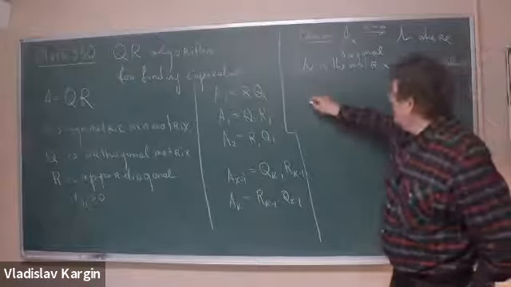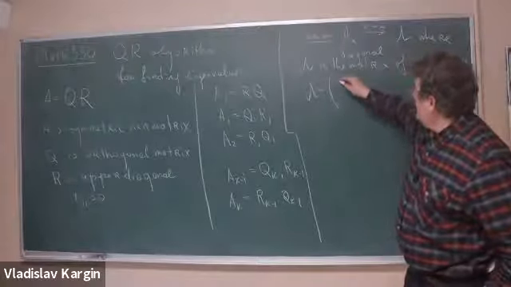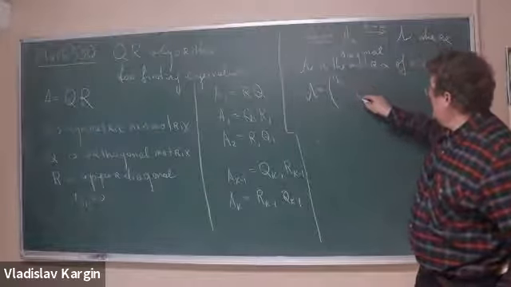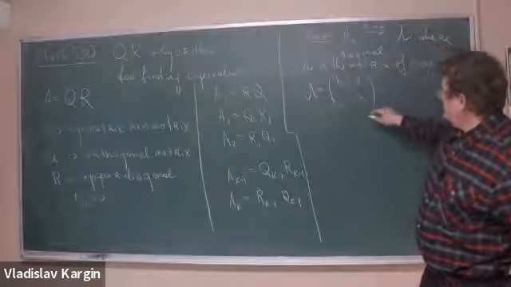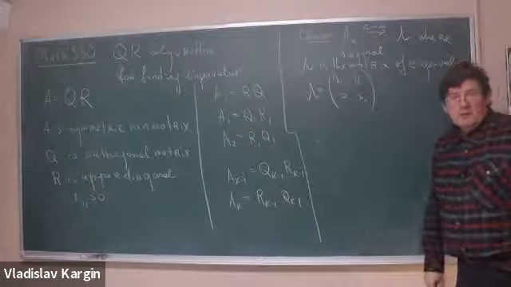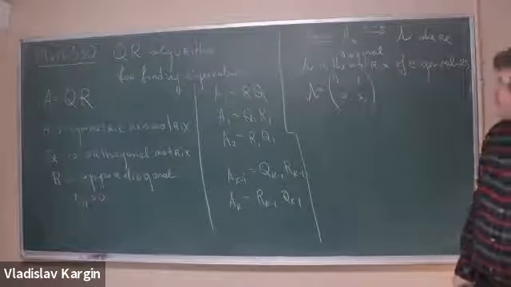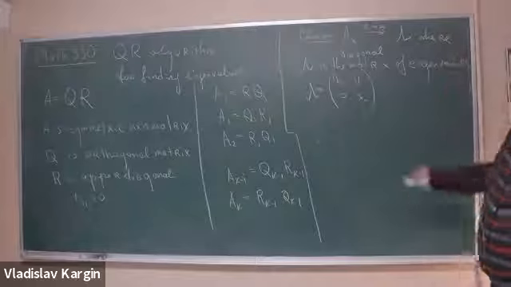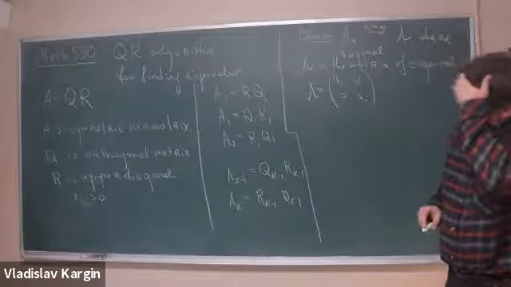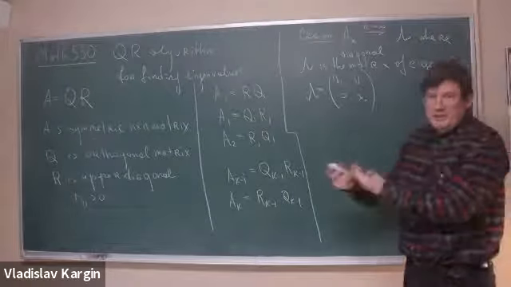Right, so lambda is lambda 1 through lambda n on the diagonal, and 0 elsewhere. Okay, so this is the claim. And in practice, it's not applied just like that.